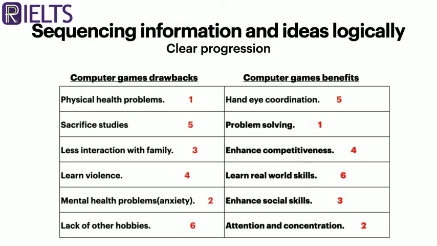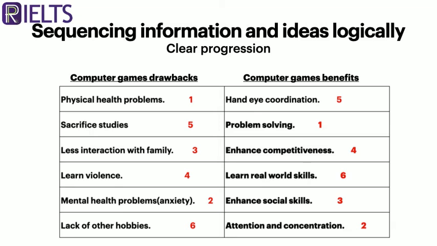If your physical health problem is your point one, and your mental health problem is your point six, it will not look good, or there will not be a clear progression in your essay. So always arrange your points logically after brainstorming, right?